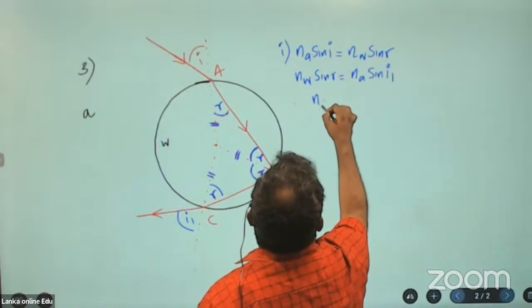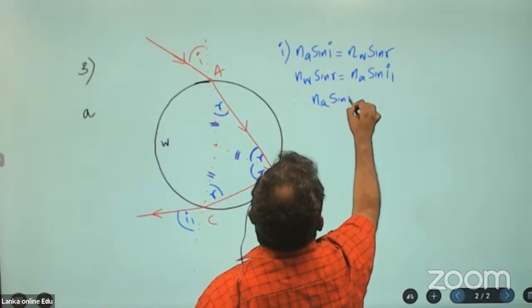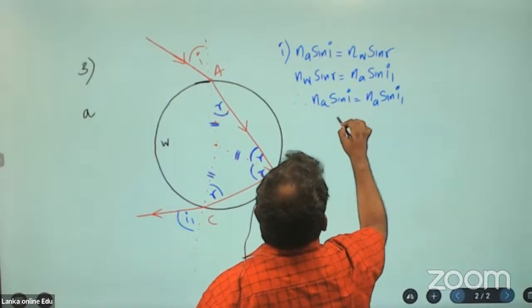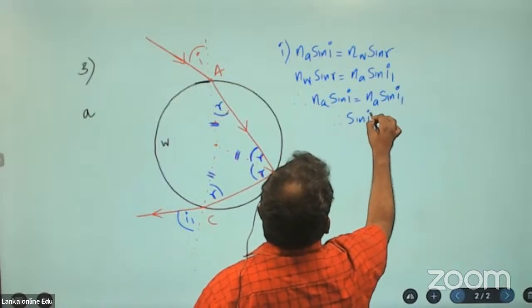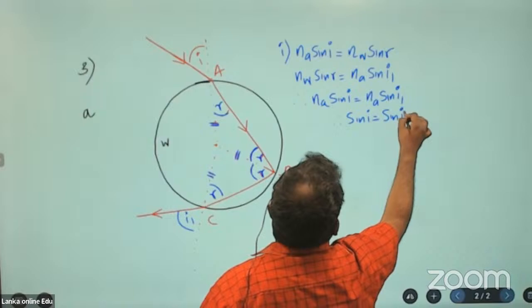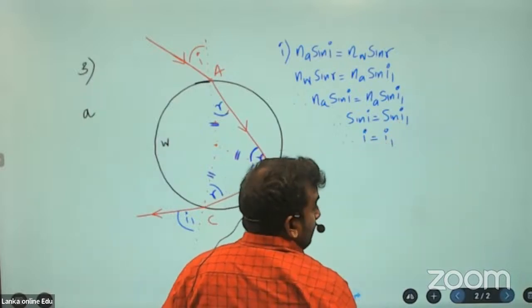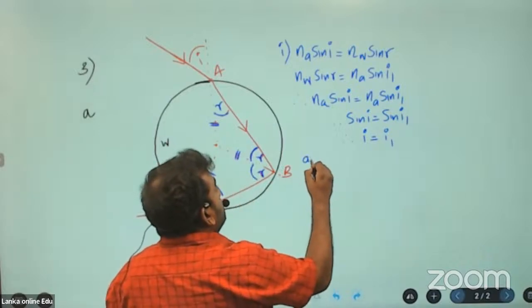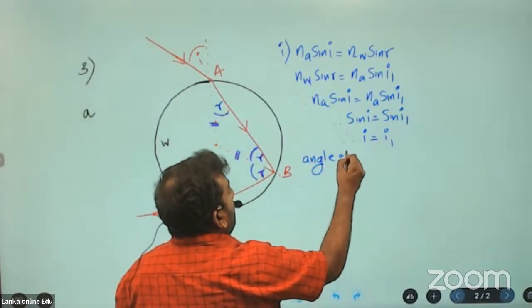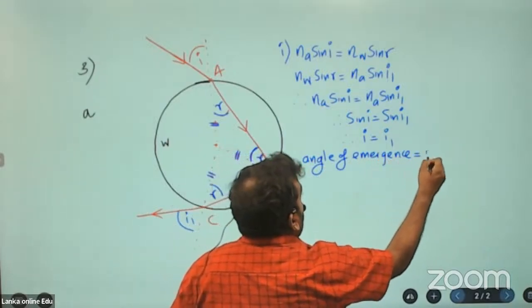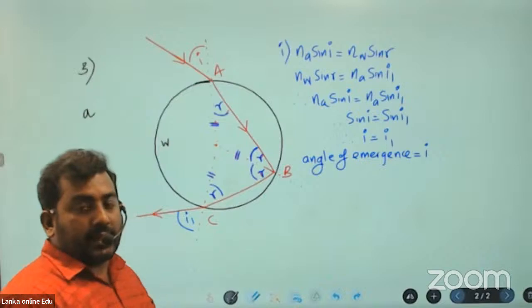Therefore, NA sin I is NA sin I1. Sin I equals sin I1. Therefore, I equals I1. Angle of emergence is equal to I.